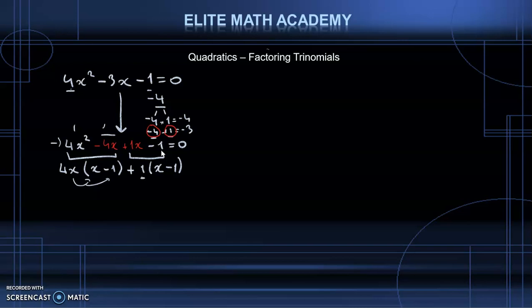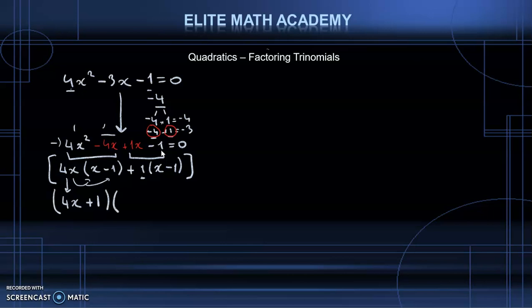We usually don't write 1 if it's just a parentheses, but we will have to regroup this entire phrase, which will be 4x plus 1, and again, it's coming from these two, and put them in the parentheses.